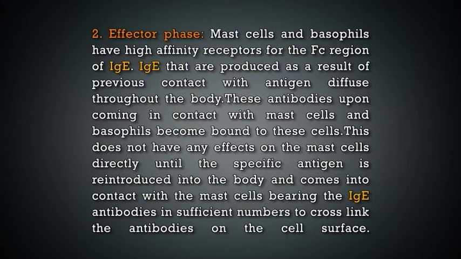This does not have any effect on the mast cells directly until the specific antigen is reintroduced into the body and comes in contact with the mast cells bearing the IgE antibodies in sufficient numbers to cross-link the antibodies on the cell surface.